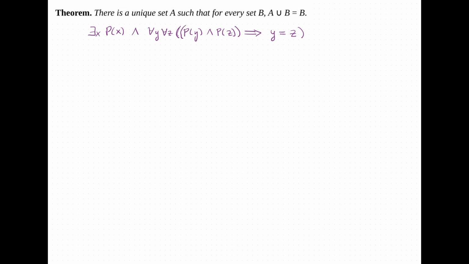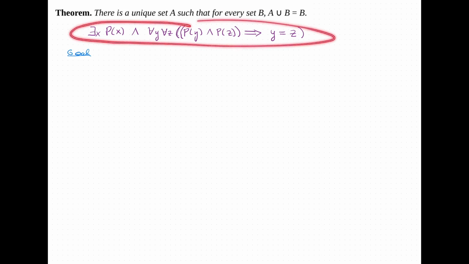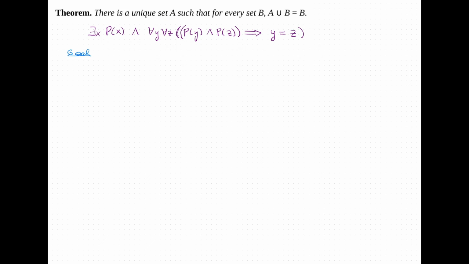In this case, we want to show that there exists a set A that is unique for every single set B. So for the proof, the goal that we want to establish, based on the logical form for there exists exactly one A such that this holds, is that we first need to establish the existence portion.